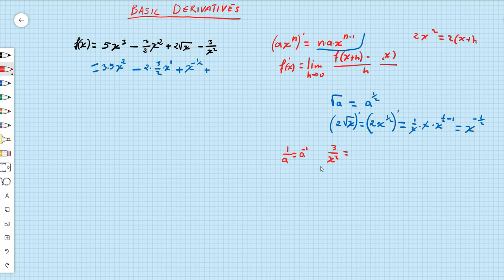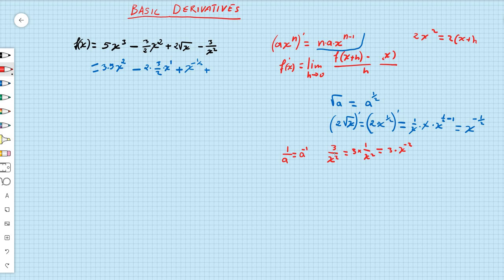So if we know that 1 over a is that, that means we can rewrite this expression here as this: 3 times 1 over x squared, right? And then this 1 over x squared, we can rewrite it as 3 times x to the power of -2, right?